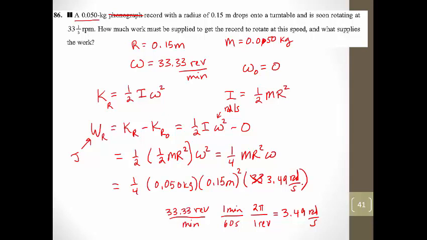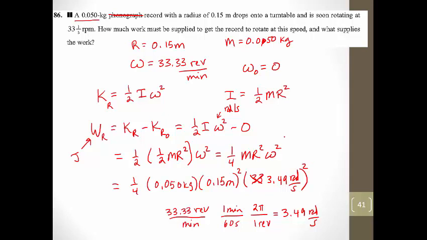So now I'm ready to figure out the work. So I square that, times 0.15 squared times 0.05 times 1/4, or a quarter.